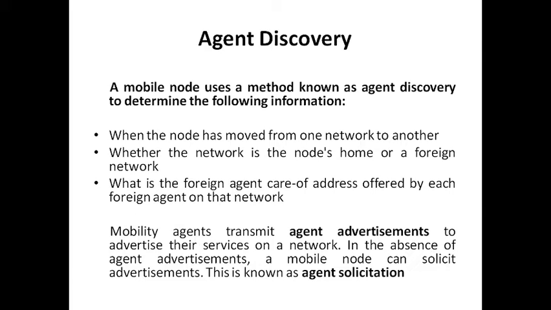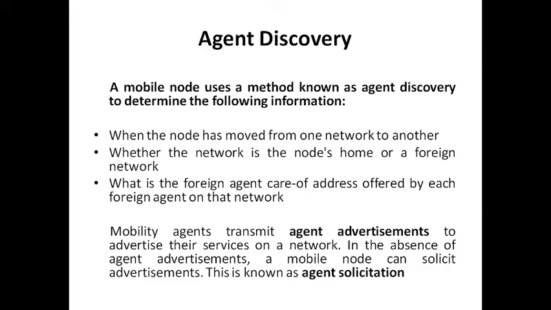Which foreign agent has which care of address, and what the work of the care of address is, how it gets the information about the mobile node, whether it is staying in the home network or in a foreign network, or when it has moved from home network to foreign network or from foreign network to home network: all this information is stored under the care of address, which is under the foreign agent and the foreign network. All this information is given by agent discovery.